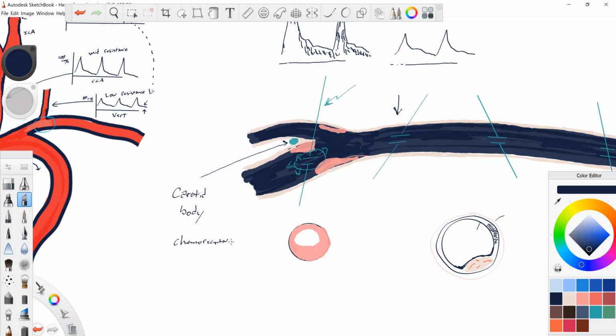It's tasting the blood, literally tasting the blood, by the way. It's very similar to cells in taste buds. It's tasting blood, trying to find CO2, O2, other gases. Let's see, it is also a barrel receptor.